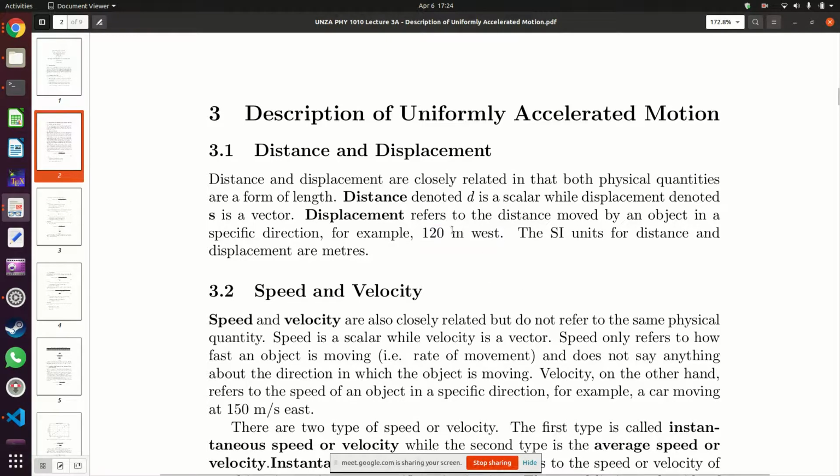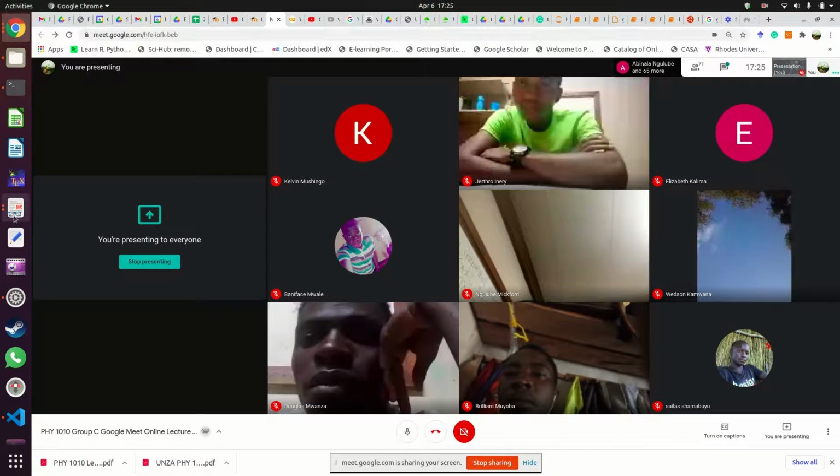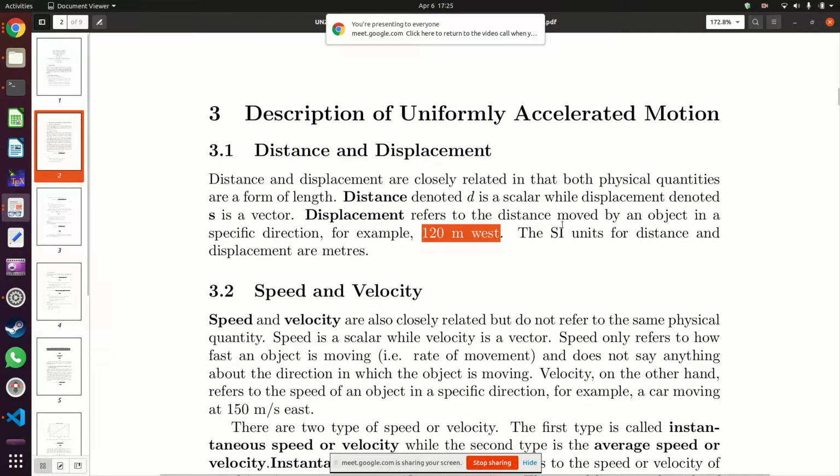How much distance was covered? 120 meters. In which direction? West. When you're given this information, 120 meters, the size, west is the direction. What you're talking about here is displacement. If you're just given 120 meters, then we are talking about distance. Are we clear on what distance and displacement are?